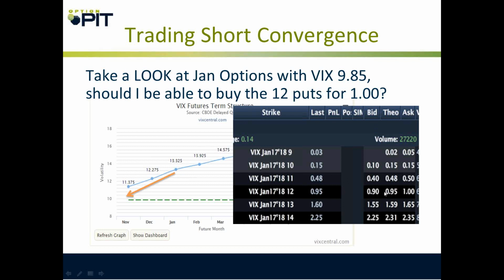Should I be able to buy the 12 puts for $1? If I buy the 12 puts for $1, and then VIX stays at 9.85, how much do I make? How much would I make?